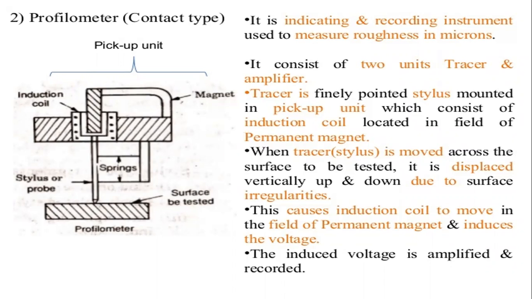Whenever this stylus moves in the upward and downward direction, it is attached to the induction coil in the field of the permanent magnet. So it has a magnetic field from the permanent magnet, and this magnet induces the voltage.